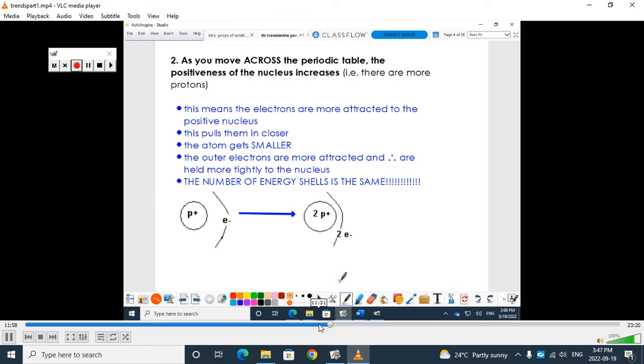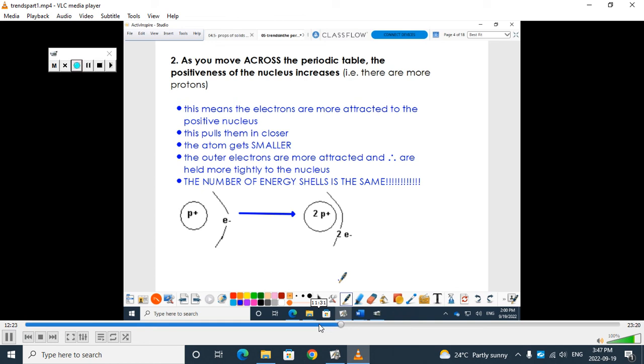It'll just be in the same period. Okay, that you'll want to look at what is happening with the size of the atom. So as you move across the period, the positiveness of the nucleus increases. There are more protons, which you could also say is an increase in the nuclear charge.